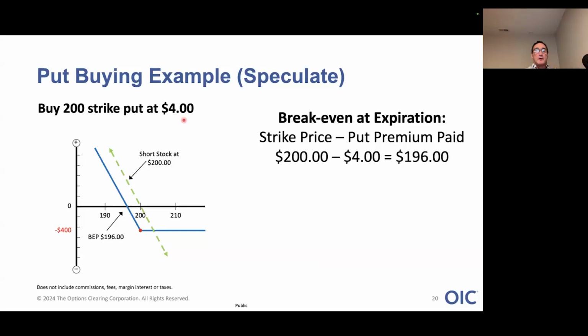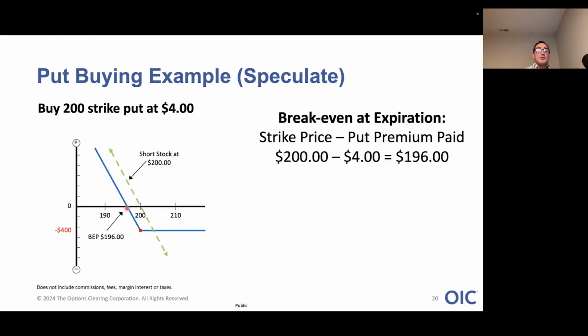Remember, we have to multiply the price of that option in the marketplace by 100 to get its true value. So if I buy the 200 strike put for $4, what's my break even at expiration? Well, I have to take that strike price, 200, minus the premium that I paid, $4. That gets me to 196.